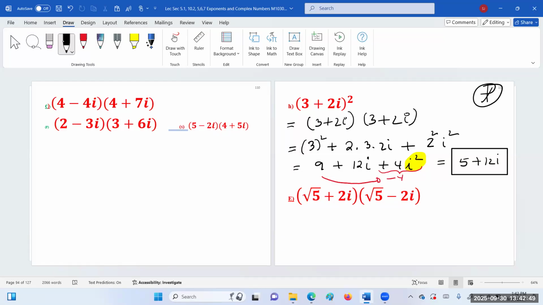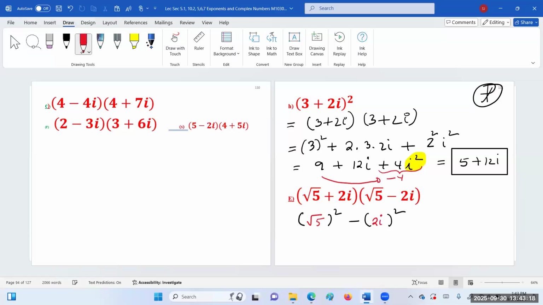Now, what do you observe in the last example? What do you call them? Conjugate. They're the exact same two terms with different signs. So you don't have to use FOIL. What do we get from these two pairs? Radical 5 squared minus 2i squared.